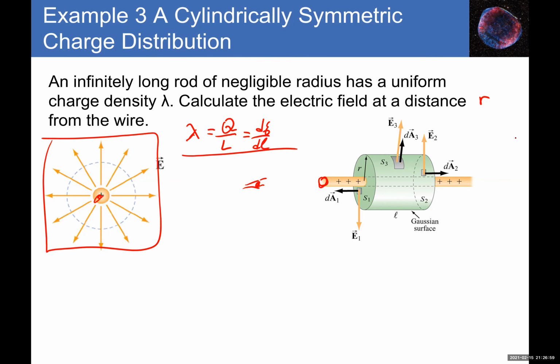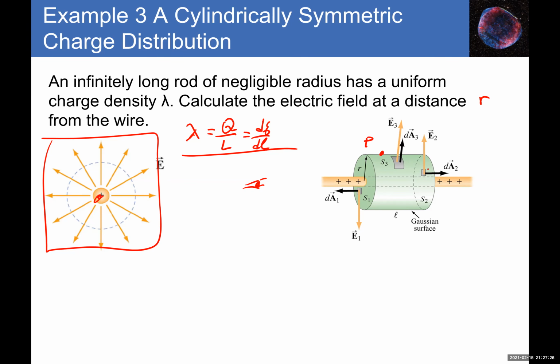Okay, and it doesn't matter which element you're choosing. I talked about that in the previous video. The idea here is this. If I want to find the electric field at this point P, here's my point P, then I surround that by a Gaussian cylinder like that, right? So this green cylinder is an imaginary cylinder around this infinitely long rod.